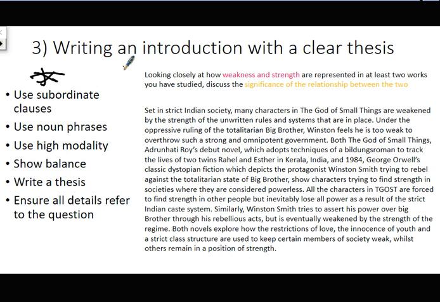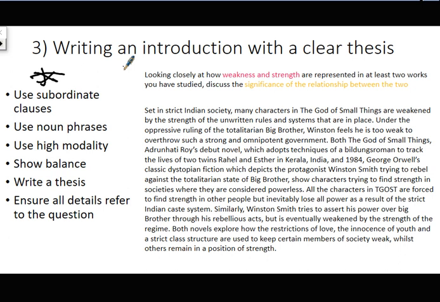Both The God of Small Things and Arundhati Roy's debut novel, which adopts techniques of a Bildungsroman to track the lives of two twins, Rahul and Esther, in Kerala, India, and 1984, George Orwell's classic dystopian fiction, which depicts the protagonist Winston Smith trying to rebel against the totalitarian state of Big Brother, show characters trying to find strength in societies where they are considered powerless.